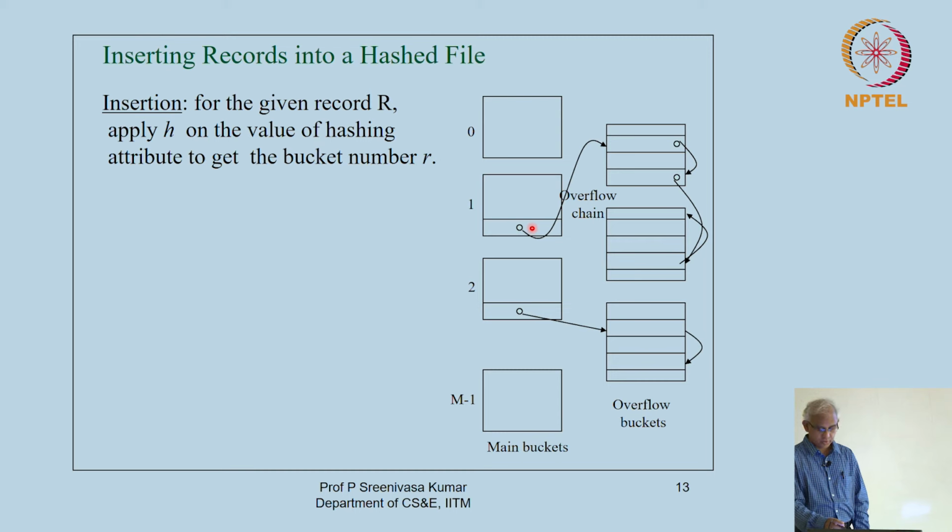Otherwise, you chase this overflow chain, and this is something like a buddy list, right?